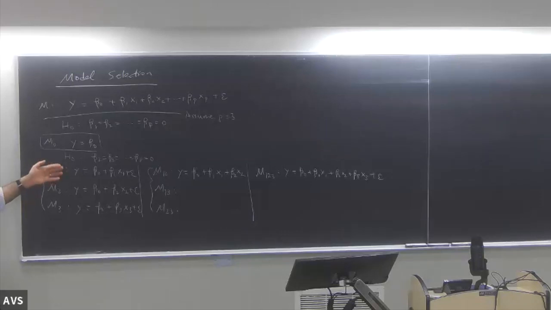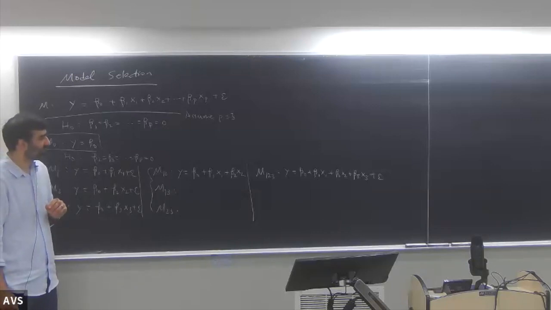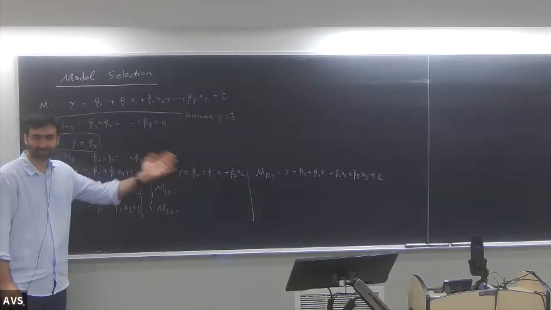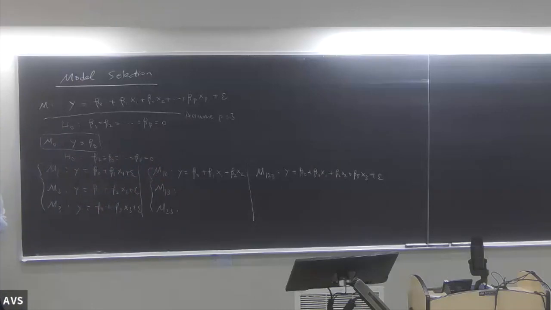So the idea of model selection is that I want to pick among these models. The idea is that maybe some of these covariates are not contributing to Y, so I don't want to keep them in the model, and it becomes simpler.